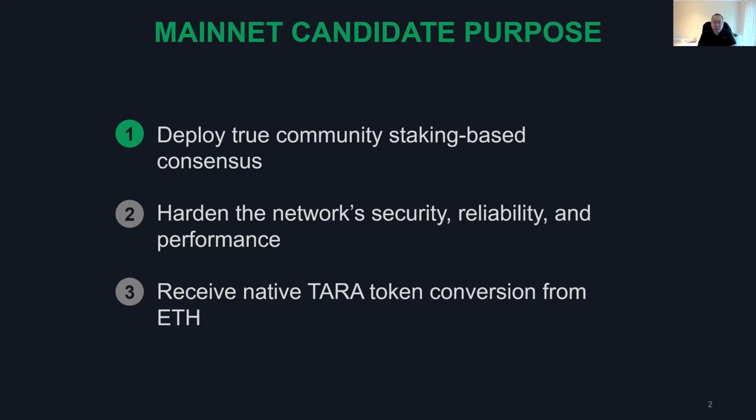So we're going to be doing a lot of stress testing, and a lot of that is going to involve the community's help, your help. We want to make sure that it is secure, reliable, and performant, so that we don't run into any troubles, and that we have sustainable growth in the ecosystem.